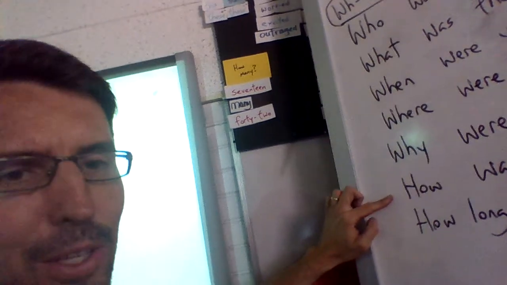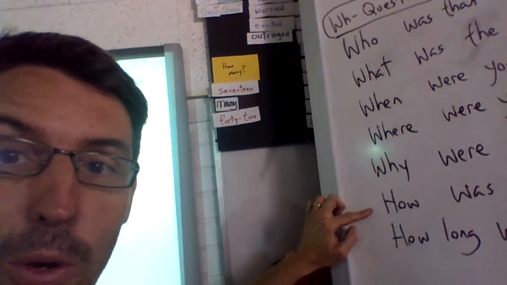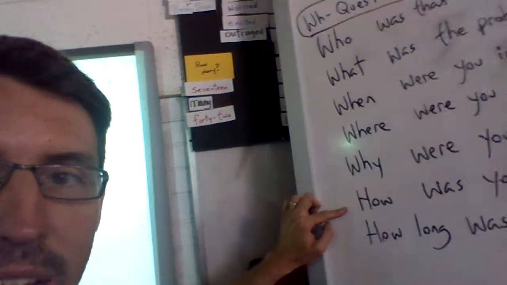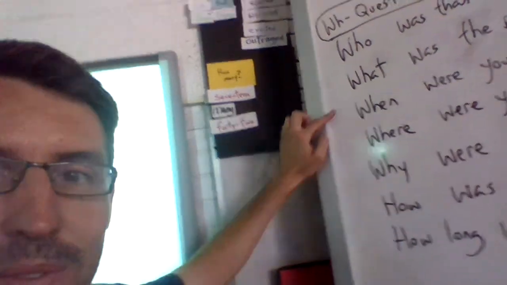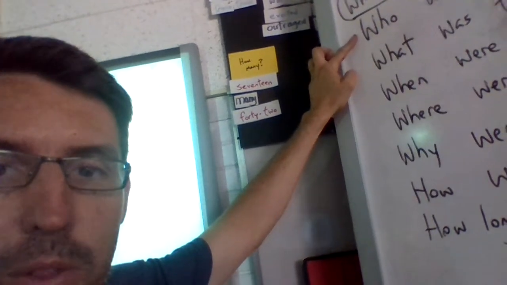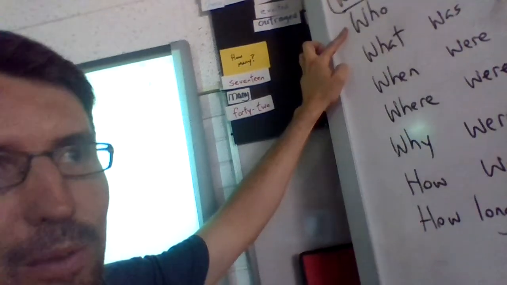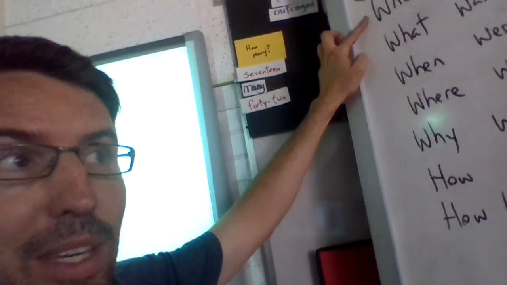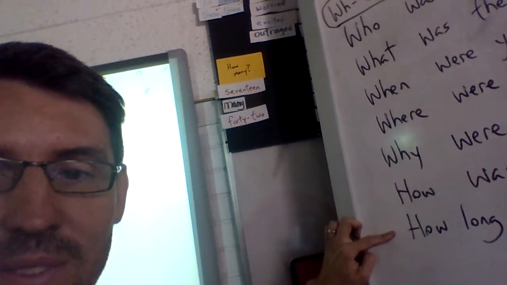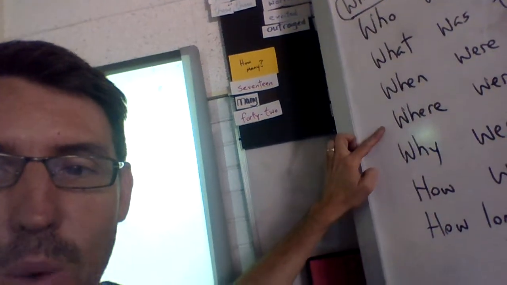How? Just like, how are you? I'm fine, right? How were you last night? I was fine. If I want to know the identity of someone, who? If I want to know the duration or the amount of time something is or was, I would use how long. And if I want to know the place, where?